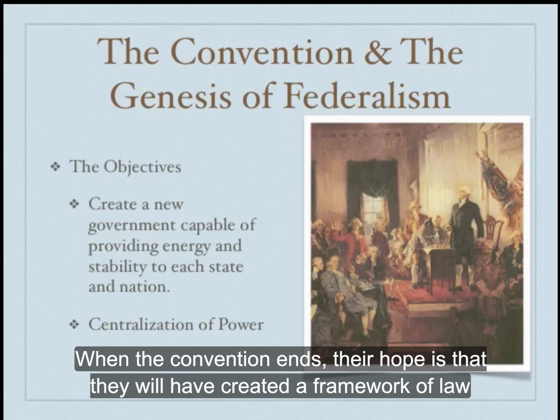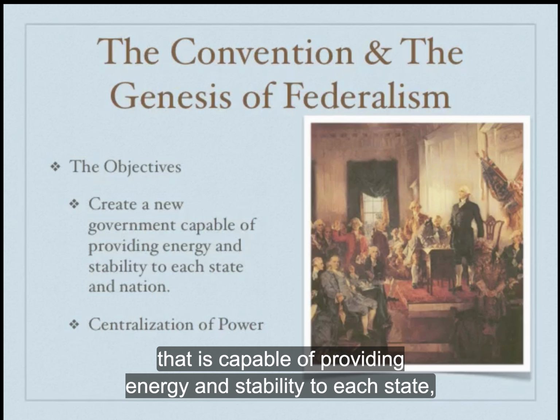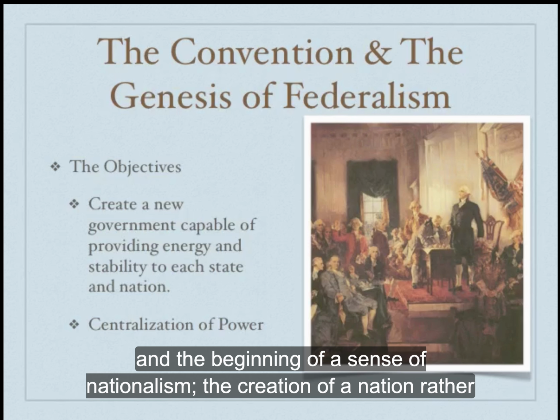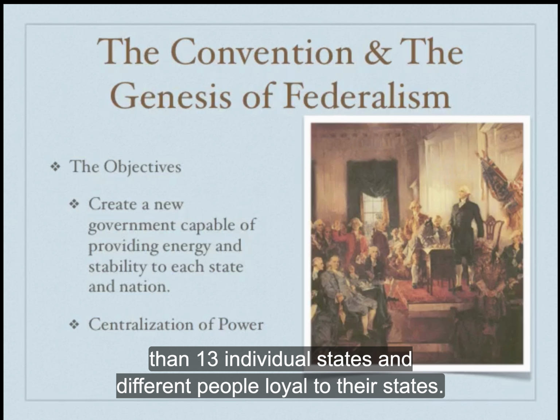When the convention is convened, it is convened upon two objectives, two goals, if you will. When the convention ends, their hope is that they will have created a framework of law that is capable of providing energy and stability to each state and the beginning of a sense of nationalism, the creation of a nation, rather than 13 individual states and different people loyal to their states.